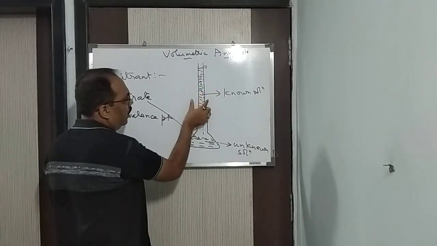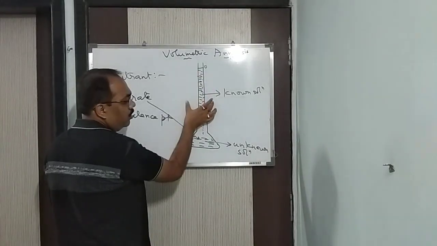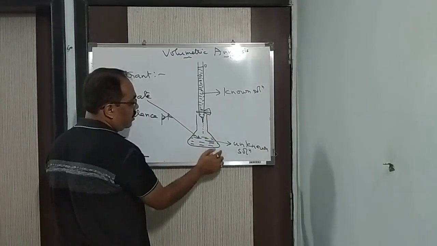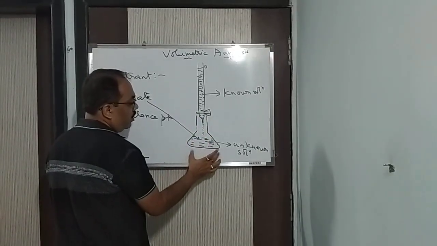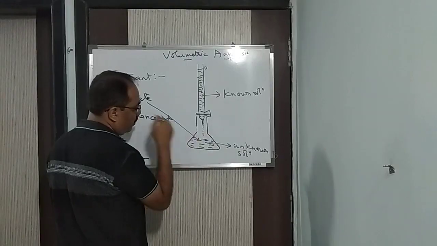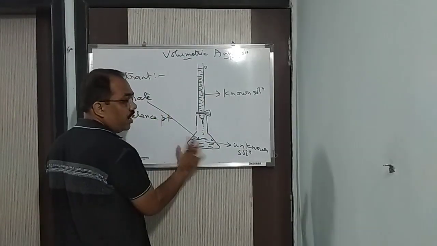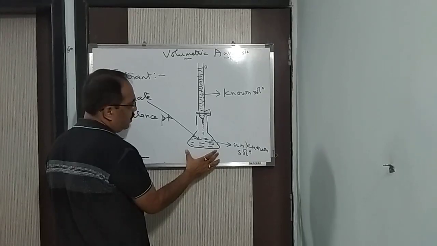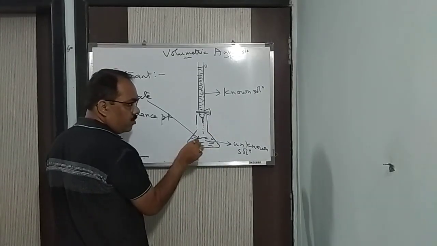Suppose you are taking NaOH. Here is the known concentration, and here is an unknown one. Let us say you are taking oxalic acid or sulfuric acid. This is an acid-base titration. So here I have taken a base and here I am taking an acid, and you will be putting an indicator also.